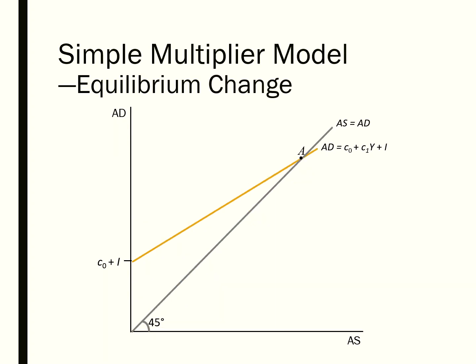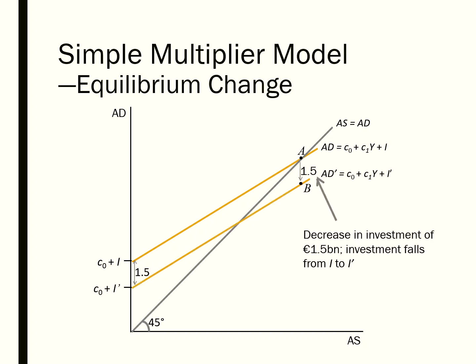Now let's use a numerical example to show you the multiplier effect. Assume the original economy is at point A. Suddenly, due to some unfortunate shock, such as the COVID-19 pandemic, investors are very pessimistic and reduce their investment by £1.5 billion. That corresponds to a drop from point A to point B. However, this is not the end of the story, because a drop in investment means a drop of income for other people.